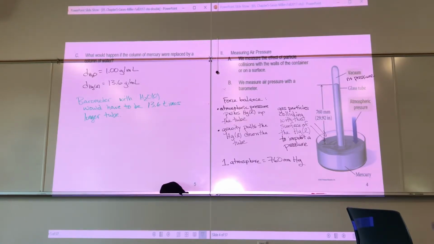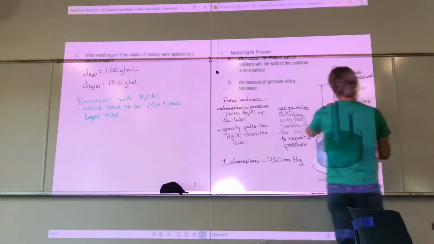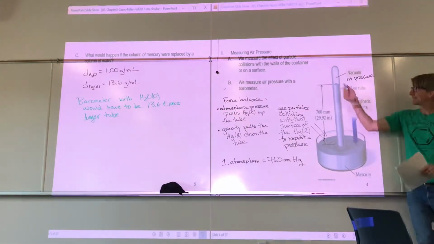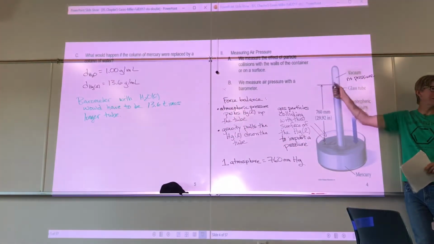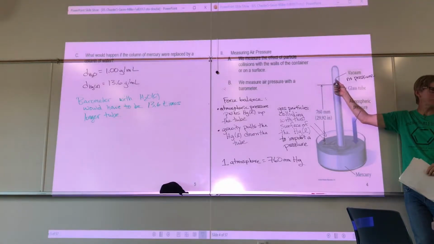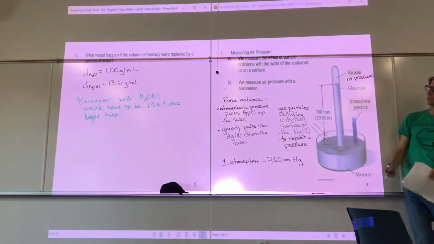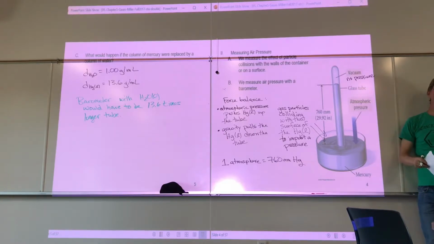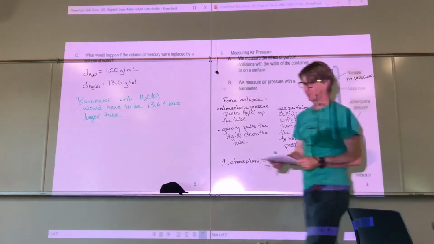Practically speaking, even mercury has a tiny bit of vapor pressure up here. Water has a tiny vapor pressure as well. And as long as it's about room temperature, you can correct for that. Yeah, there is a little tiny bit of pressure.